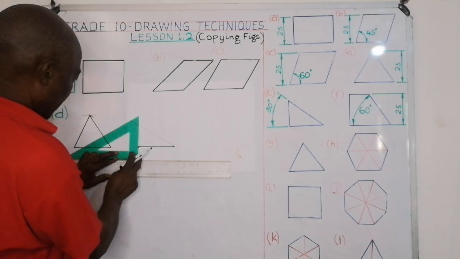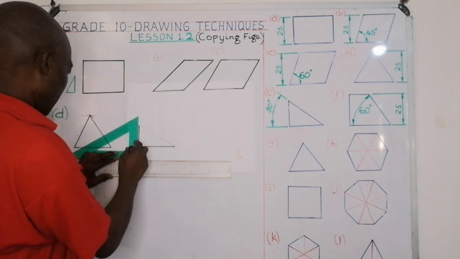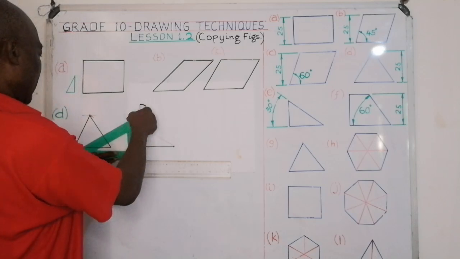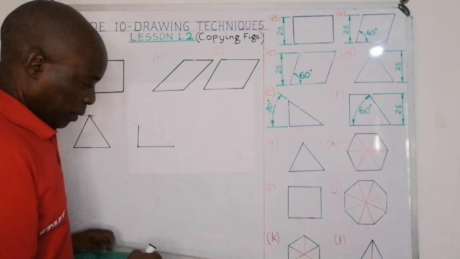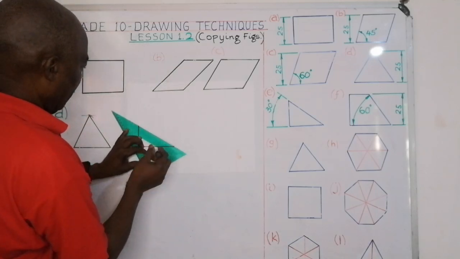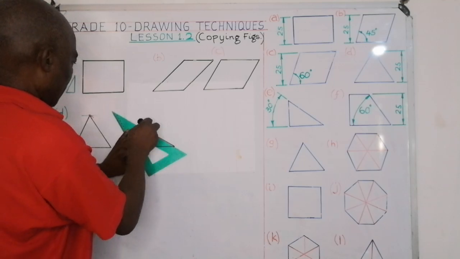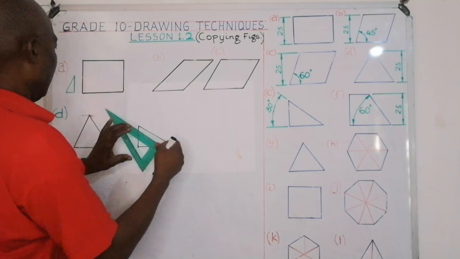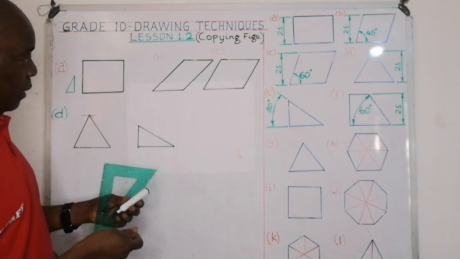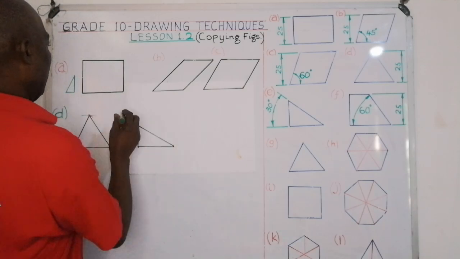So it's like this now. And then you complete by outlining that other side. Like that. This is DE. It's now E.